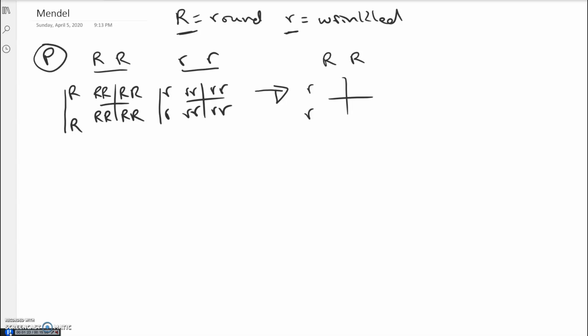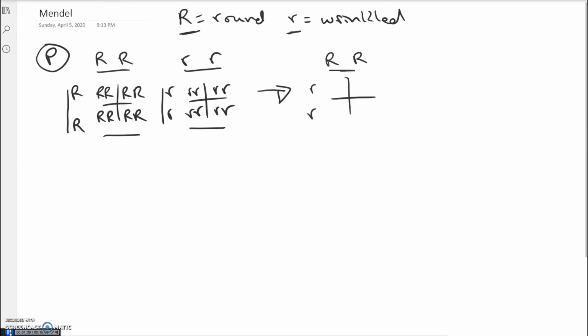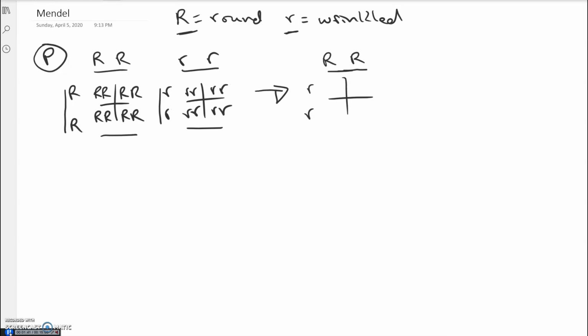With both of these, they are homozygous, right? Homozygous recessive over here, homozygous dominant over here. And then the more interesting thing he did in the pea generation was cross these offspring here and here. And what he got was plants that were all big R, little r.